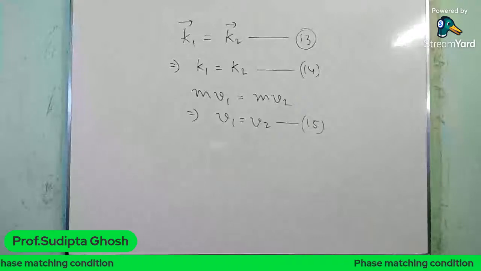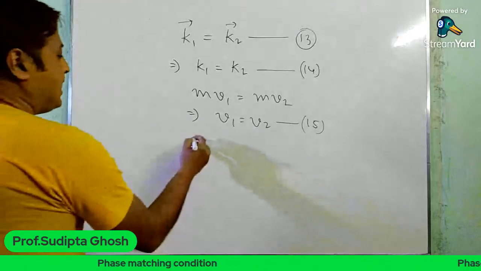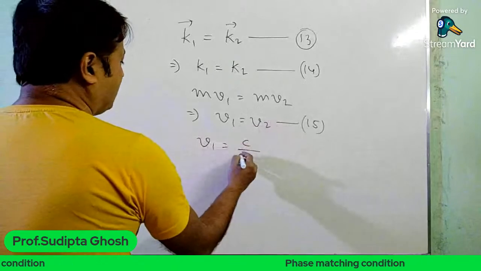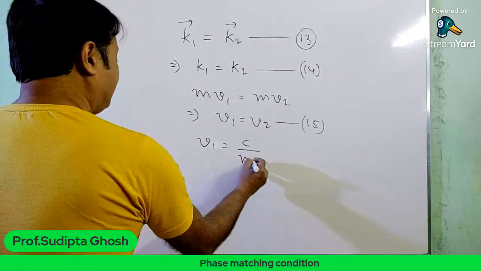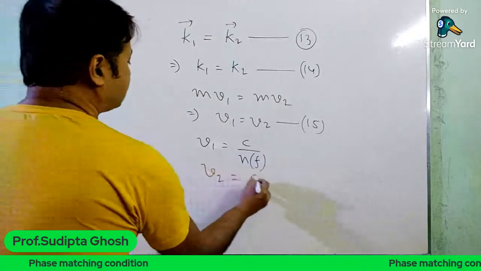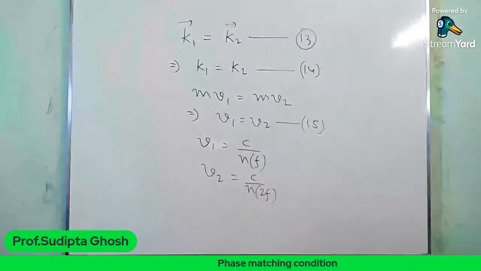Okay? So that is equation 15. From equation 15, v1 can be written as c by n of f, that is the refractive index, and v2 can be written as c by n but with a different frequency, twice f.